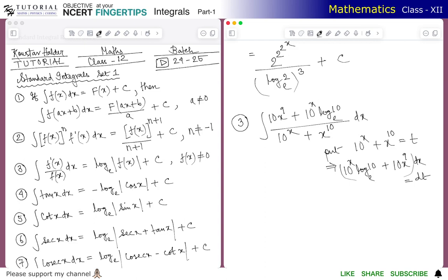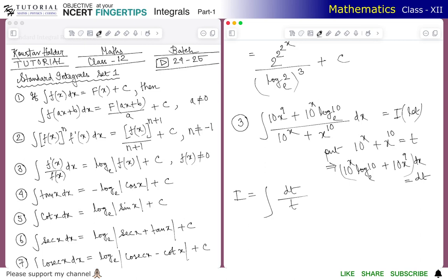So if we now do the substitution, this becomes dt by t, where we have substituted 10 to the power x plus x to the power 10 equals t, and when differentiating we got 10 to the power x log e 10 plus 10 into x to the power 9, which is already there in the given integrand as the numerator.